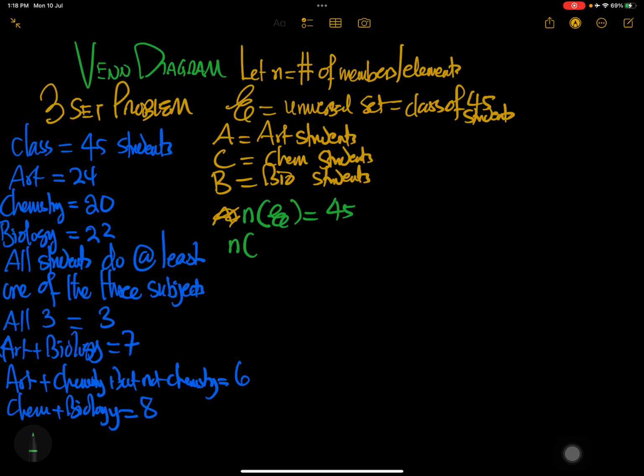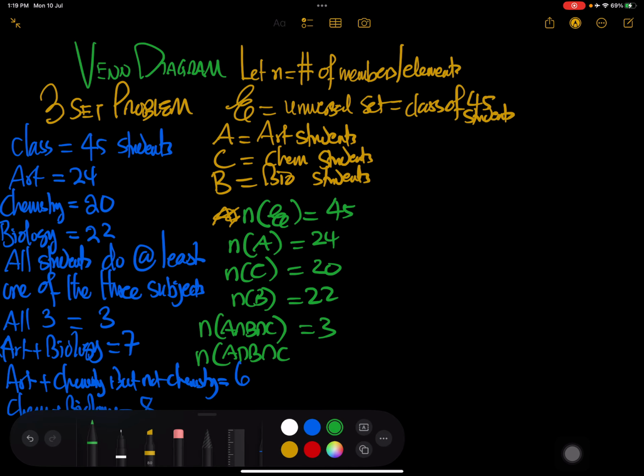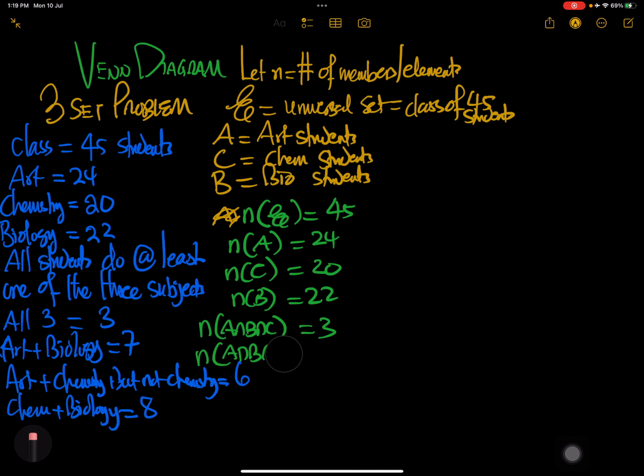Then we also have the number of the art student is 24. We also have the number of the chemistry student is 20. And then the number of the biology student is 22. And we also have the number of A intersection B intersection C is 3. We also have the number of art and biology. The number of art and biology, but not what? Art and biology only. Sorry, art and biology only.